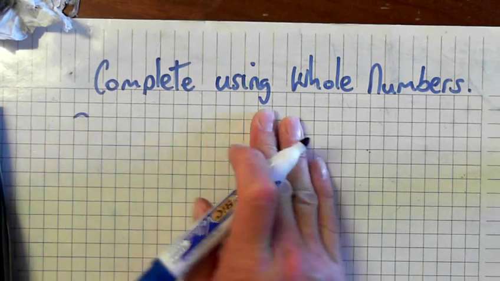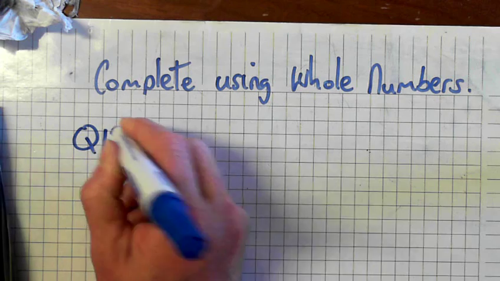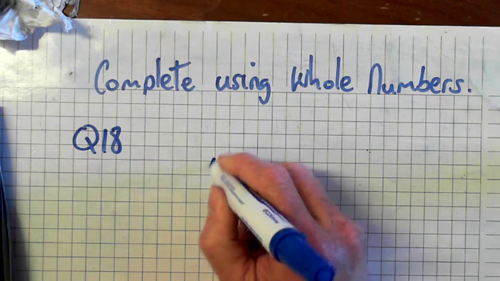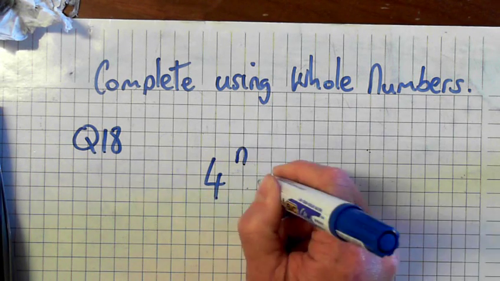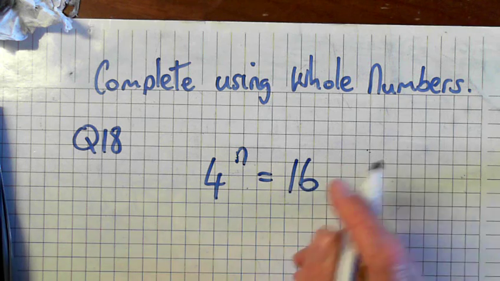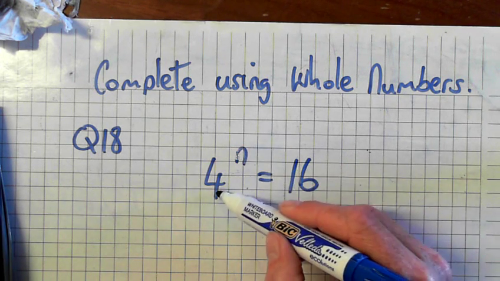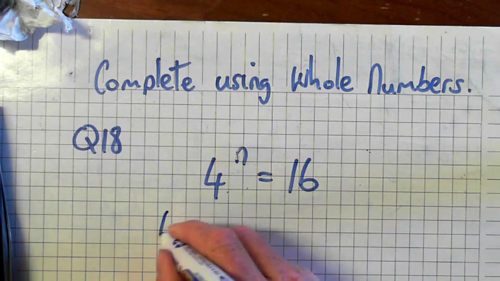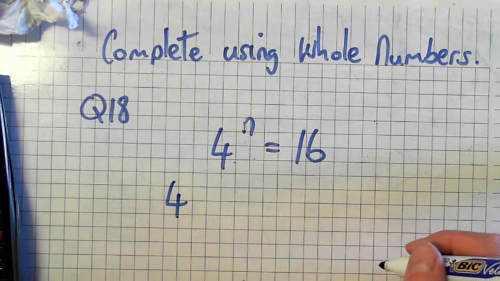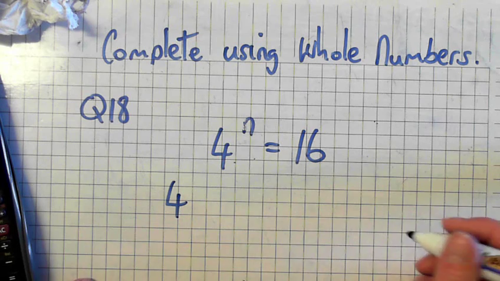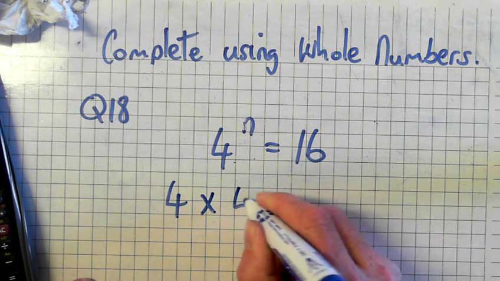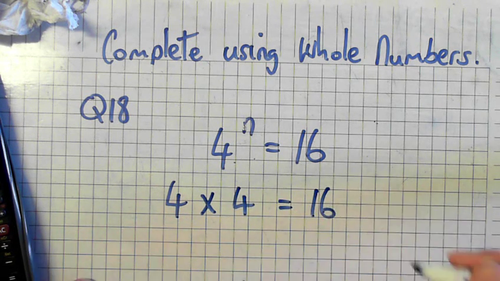Now an example of question 18. 4 to the power of n is equal to 16. We have to find out what that number is. So basically, what we do is we write down, how many 4s does it take to get 16, first of all? 4 by 4 is equal to 16.